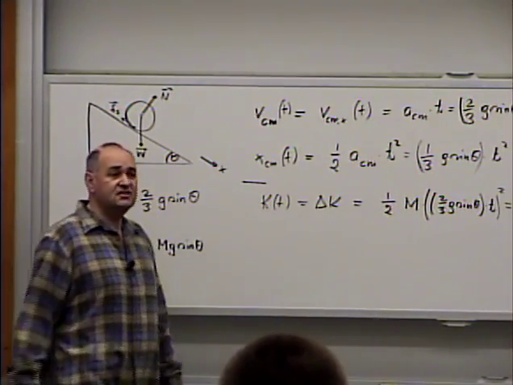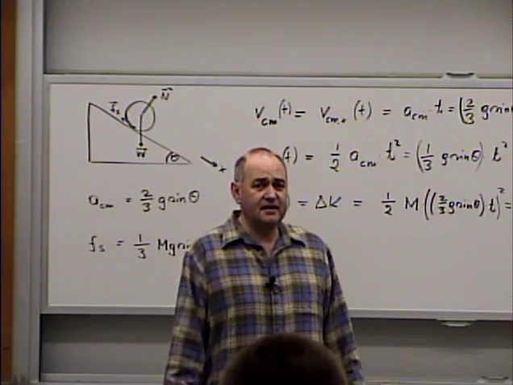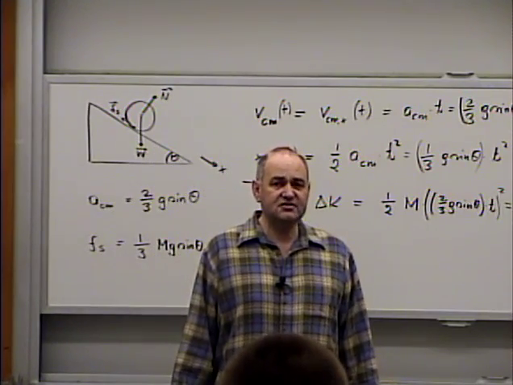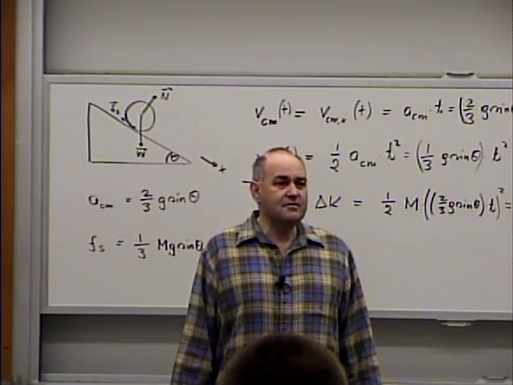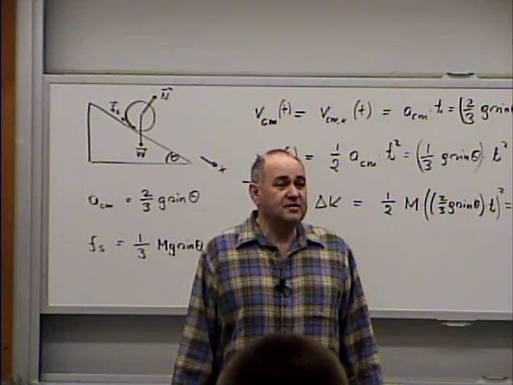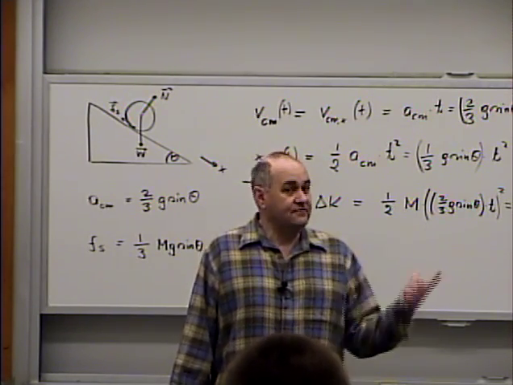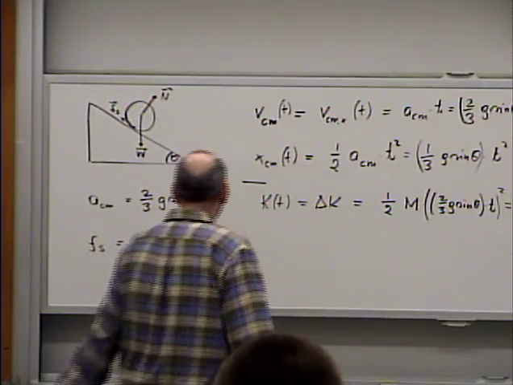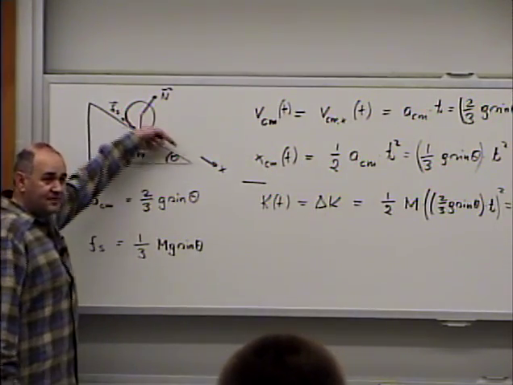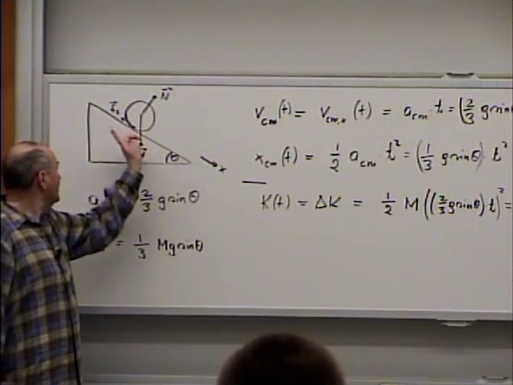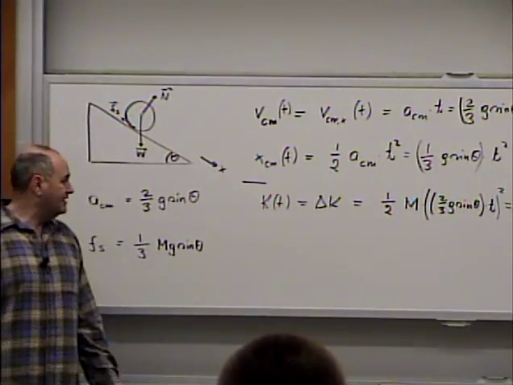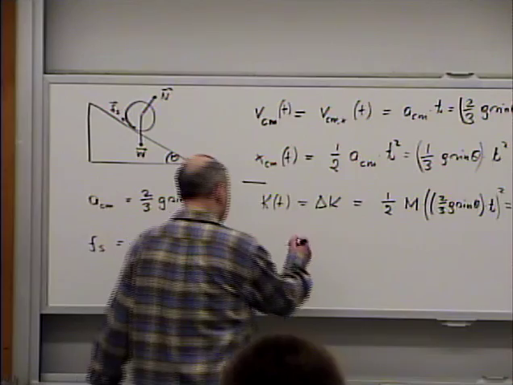Now, who believes that this work is positive? Who believes that it's negative? Very good, it's negative, because the displacement of the center of mass is down the ramp, and the frictional force is up the ramp. Okay, so how about if we calculate that?